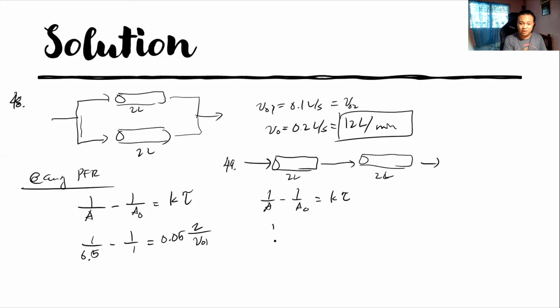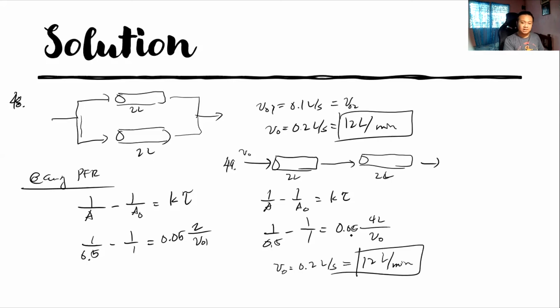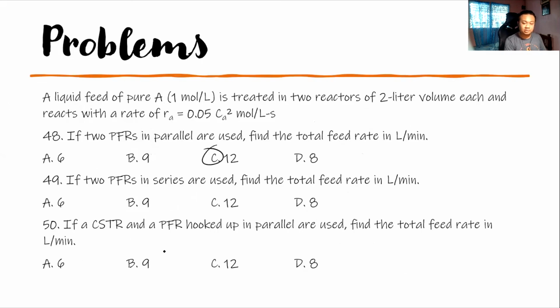So we have 0.5 here, then 1 over 1, then 0.05, and the volume now is 4 liters, then we have VO. So shift solve to find VO, still 0.2 liters per second, or 12 liters per minute. So that's letter C again.